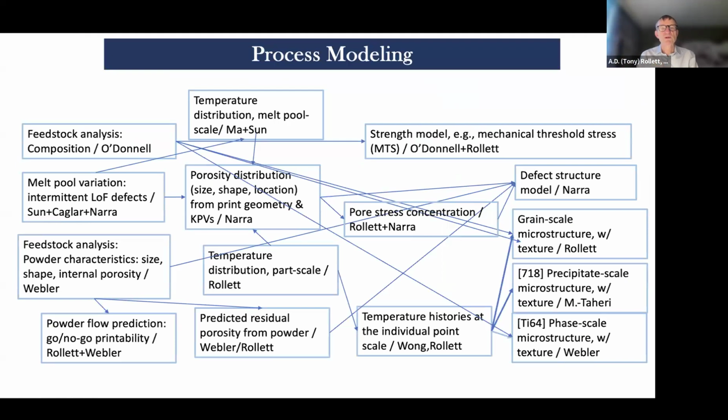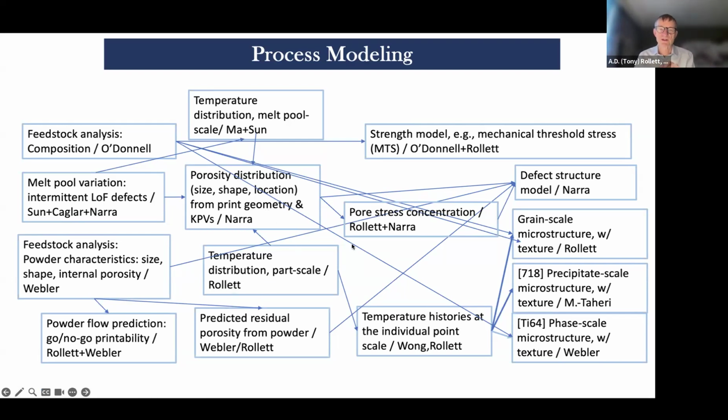And so let's take a look at what models you need on the processing side in order to do this. Well, the answer is quite a lot of different models. You need to model the melt pool variation, for example, because that tells you the rate at which to expect defects to occur. That leads to predictions of pore distributions, but you also need to calculate the stress concentration, because the pore shapes vary quite a lot.